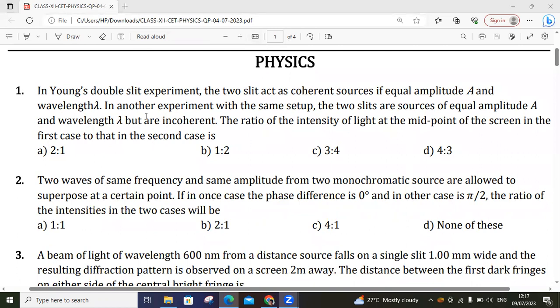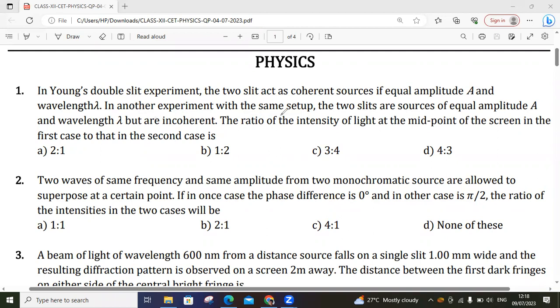In Young's double slit experiment, the two slits act as coherent sources of equal amplitude A and wavelength lambda.